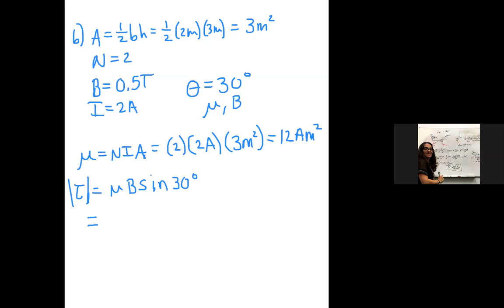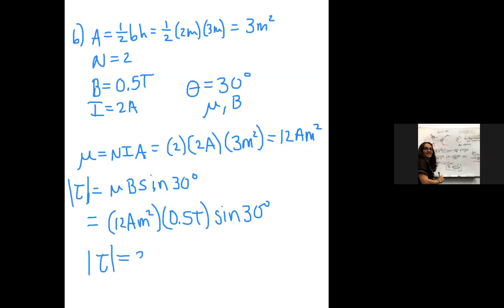So this is 12 amp meters squared times 0.5 Teslas times the sine of 30 degrees, and this gives a torque of 3 Newton meters. Okay, so different torque based on different areas of the loop.